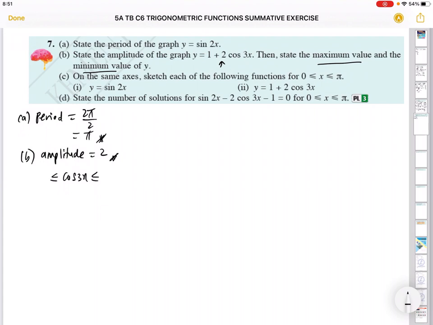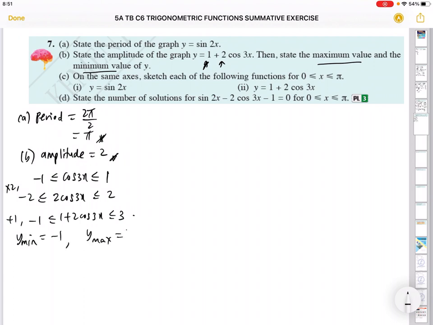So we times everybody by 2. So this is just 2 and -2. Then you add 1 to everybody. So this is times 2, this is plus 1. For 1 plus 2 cos 3x, this will be 3, and this is -1. So my minimum is -1 and my maximum is positive 3.